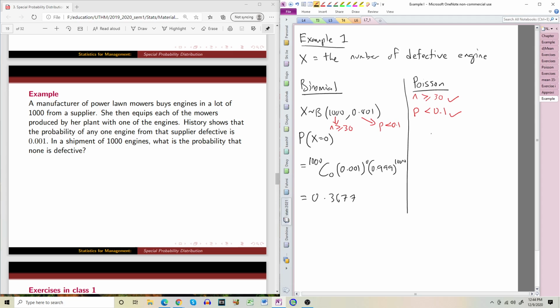Before we use Poisson, we need to have the mean. The mean is np from the binomial. This is equal to 1. So now we can use Poisson.